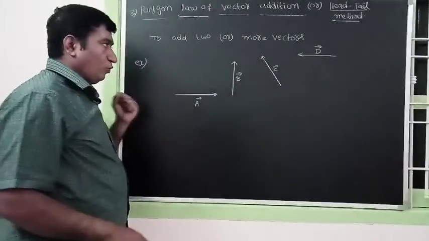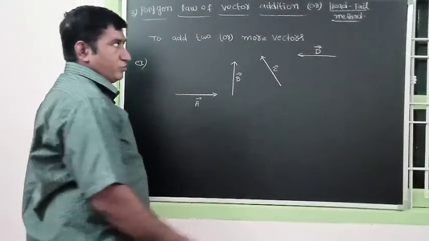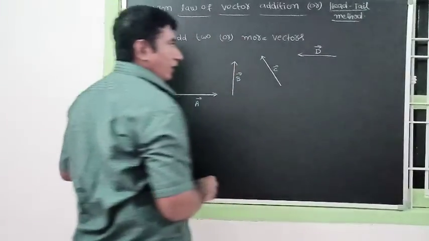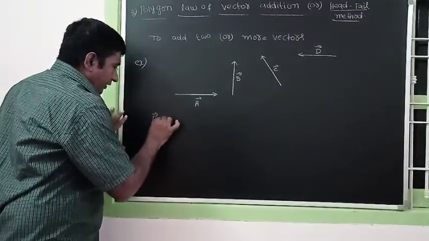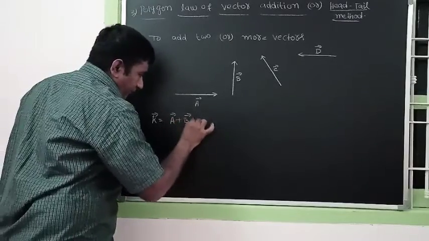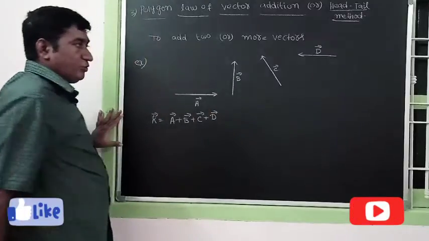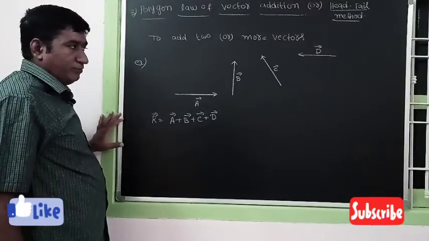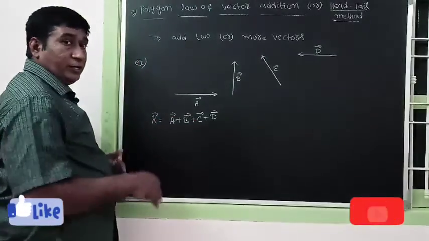I have taken 4 vectors. Now I have to add all of these. For this we can follow the head and tail method. The resultant R vector is A vector plus B vector plus C vector plus D vector, which I now have to get. First I take A, B, C and then D, head to tail.